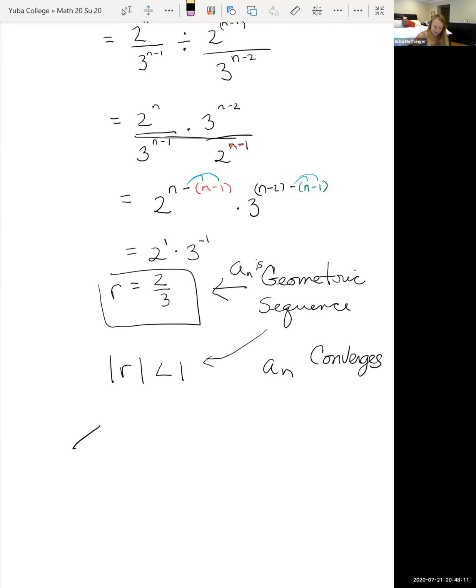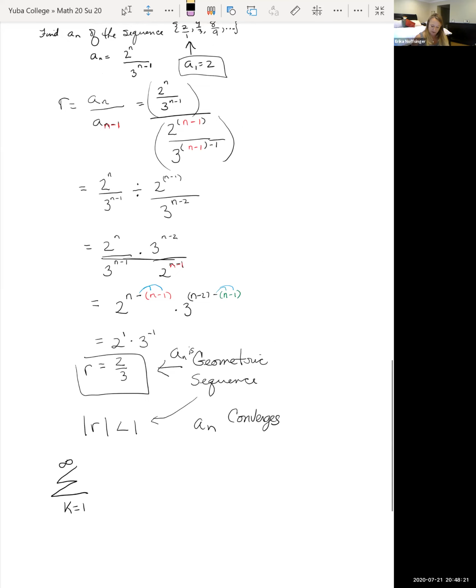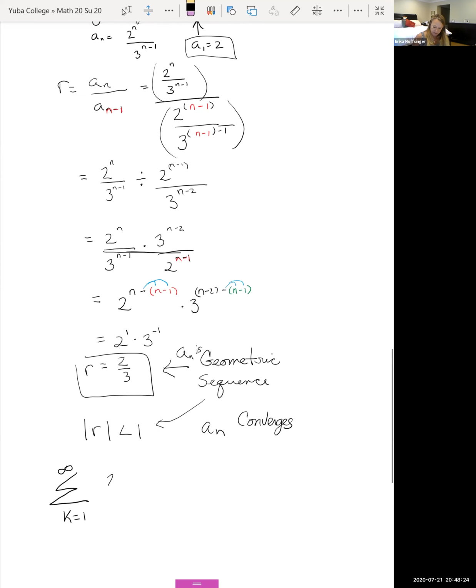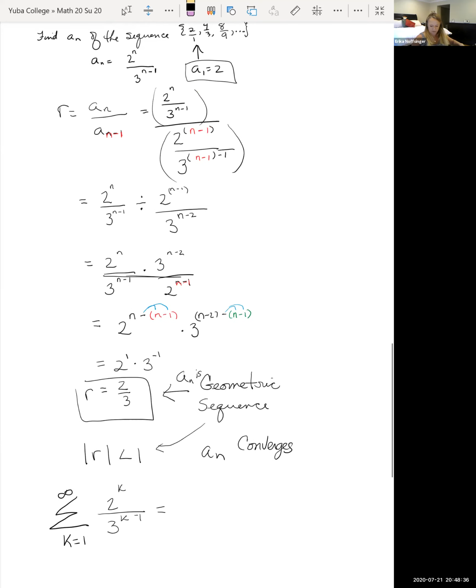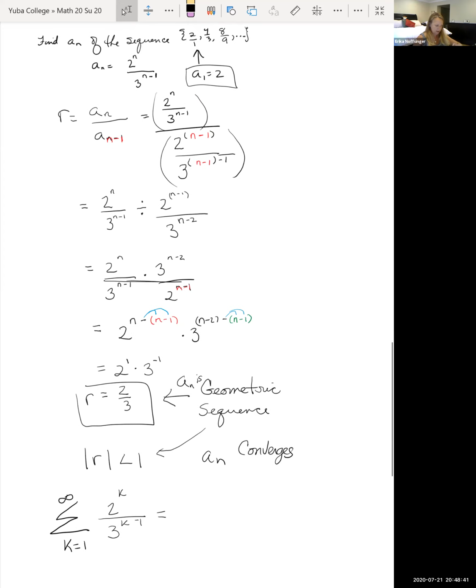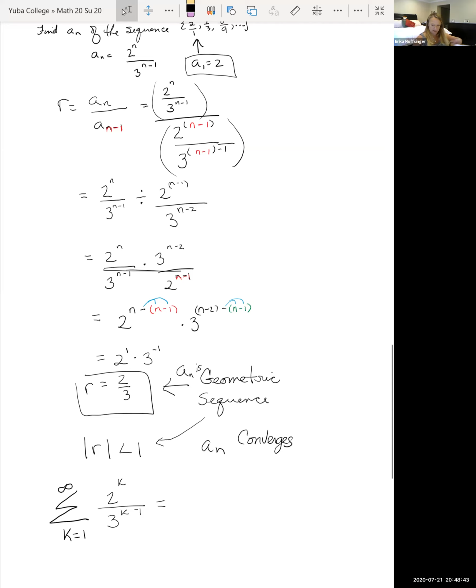So if I look at the summation of k equals 1 to infinity, and I summed this all up, where my A sub n term we said was 2, but I'm going to rewrite it with k. So 2 to the k all over 3 to the k minus 1 power. This is equal to, let me go back up and grab the formula. Actually, I can just find it. You guys probably are still copying stuff down.